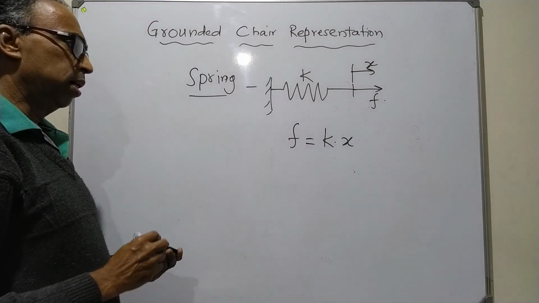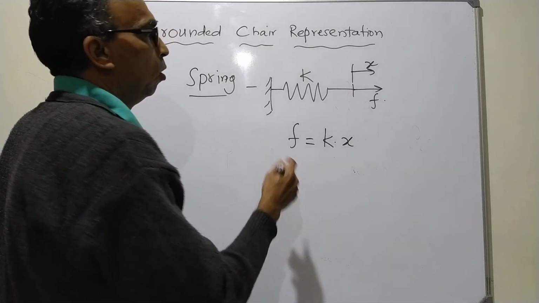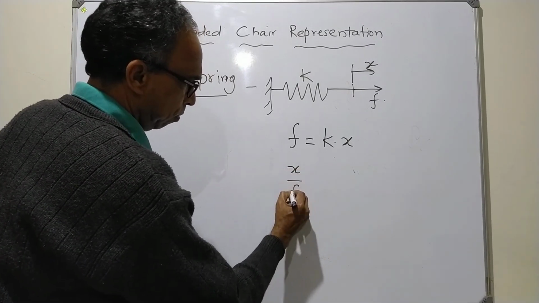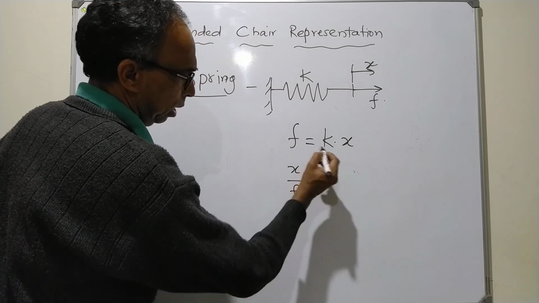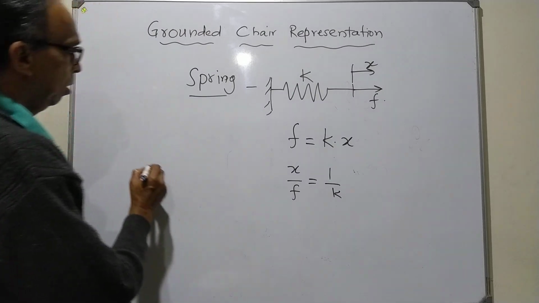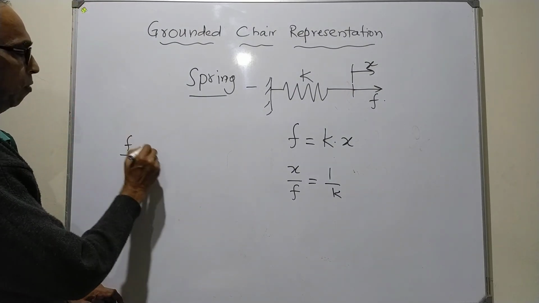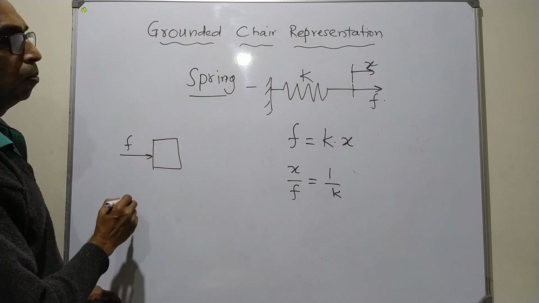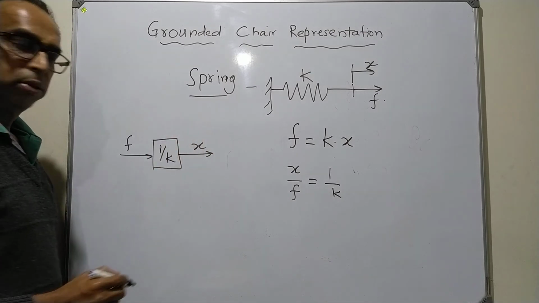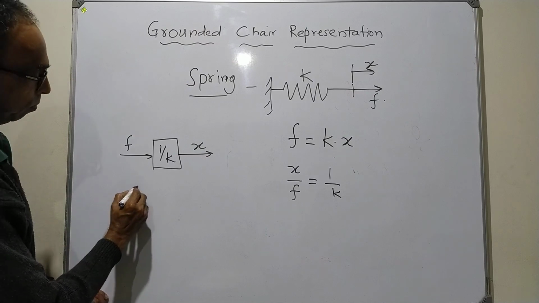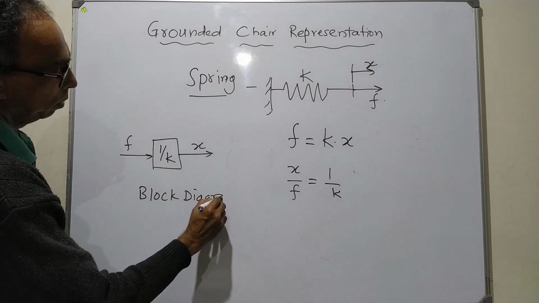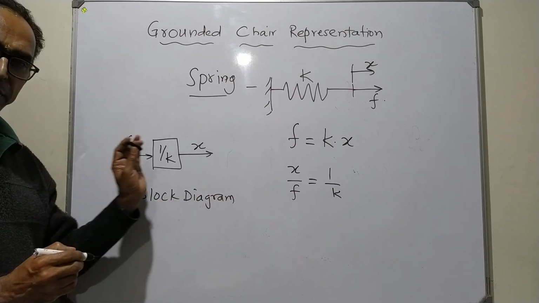And how was the transfer function? Output was X and input was F. So X upon F was equal to 1 upon K. And what we had said, the block diagram, the input is F multiplied by 1 by K gives me X. So within this block diagram representation, I read from left to right.